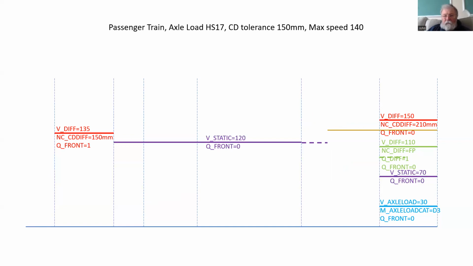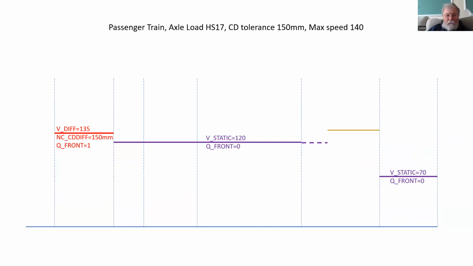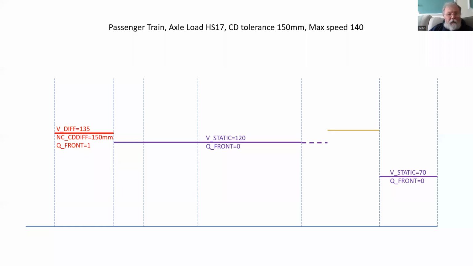Into the last section, we have a V static of 70, and that will be applied. So for our passenger train, we have a much simpler profile, a combination of the basic speeds, a Cant deficiency, and another speed capped at the maximum speed of the train.